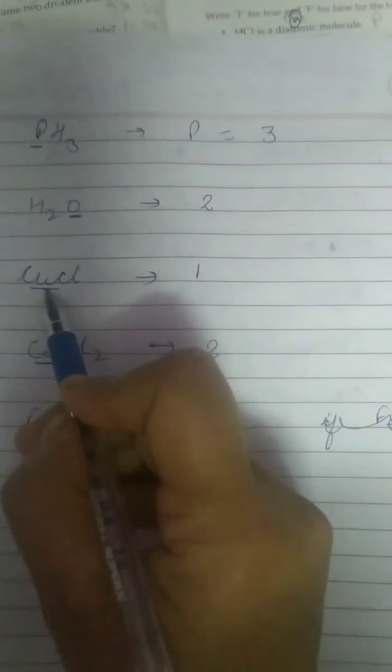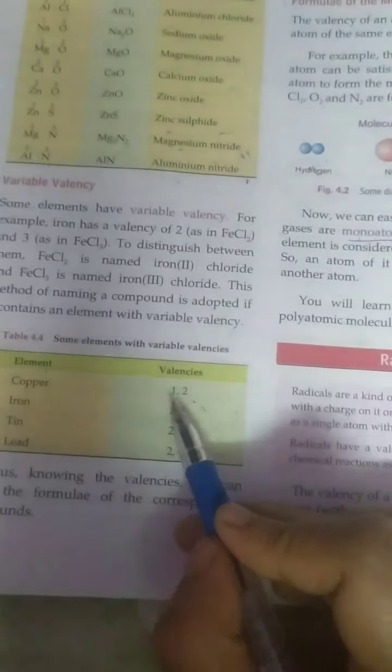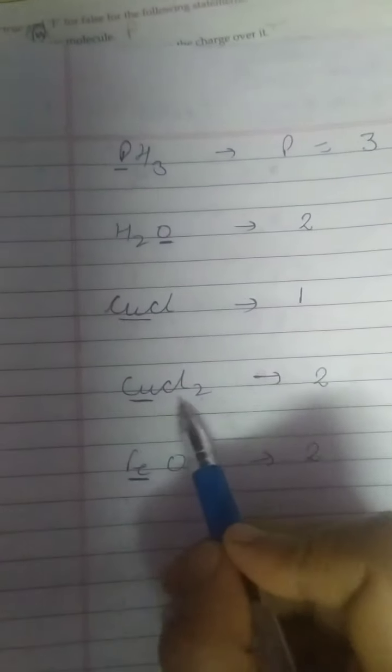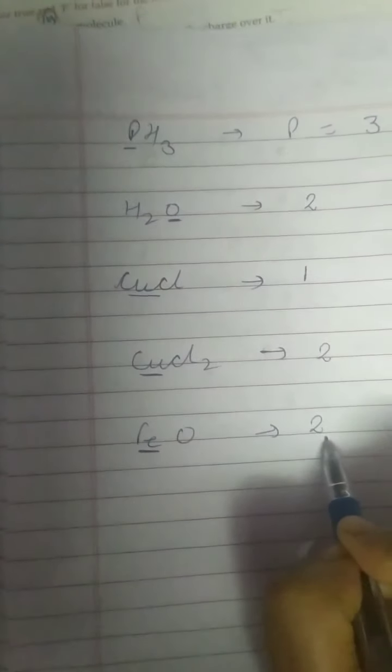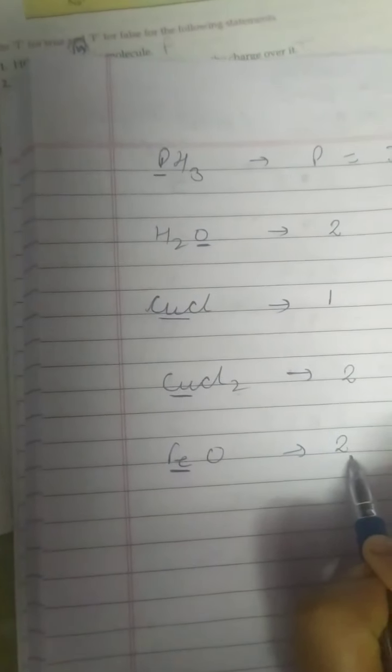So we will write valency 2. Like that copper. I already told you that copper has variable valency 1 and 2. So here only 1 is there, so valency becomes 1. Here along with copper, 2 chlorine is there, so it becomes 2. For iron, the valency is 2. Like that you can find out the valency of the different elements.